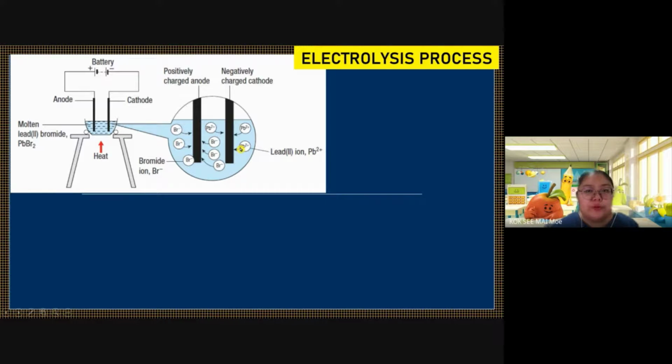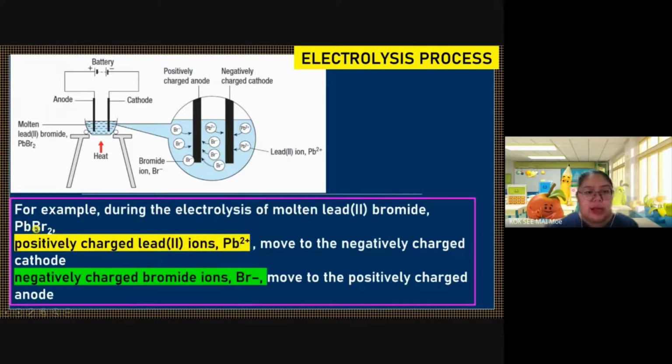Positive must go to find the negative plate, that's the cathode. So for example, during the electrolysis of molten lead(II) bromide, Pb is lead, Br is bromide. The positively charged Pb must move to the negatively charged cathode.